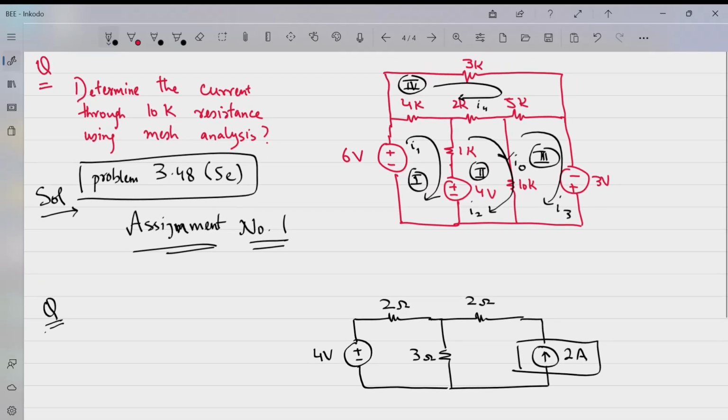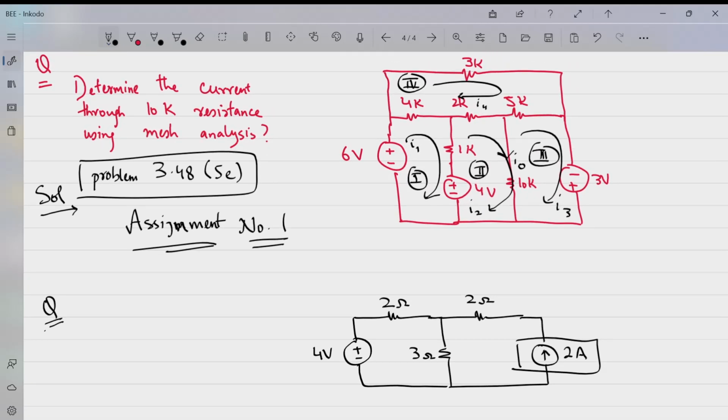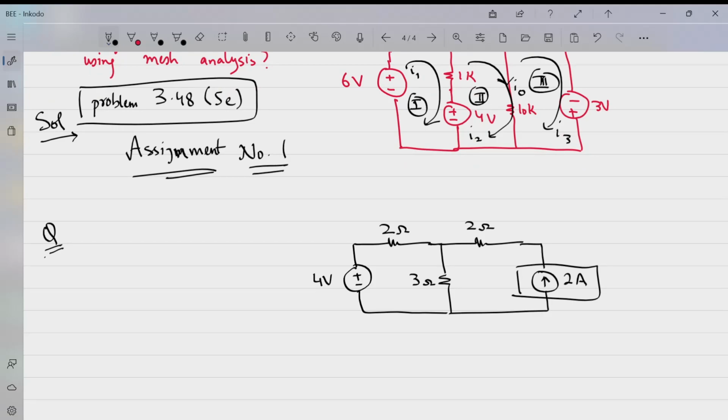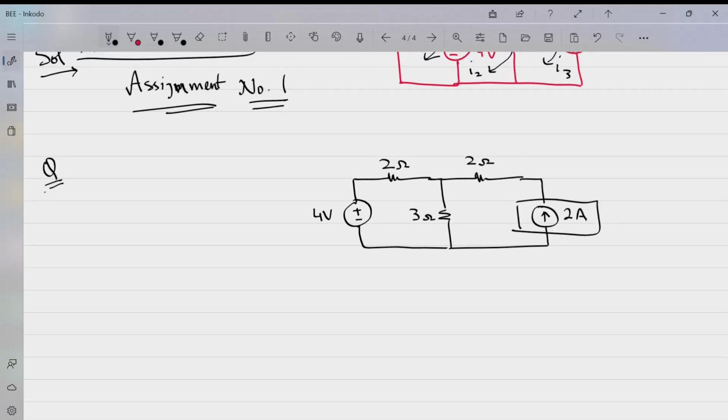Now, as I was talking about, with current sources there will be two cases. One will be the case where the current source is only located towards the periphery of a mesh. Fine. That means ये mesh के end पे है. अगर ये mesh के बीच में होगा, that will be the second case.